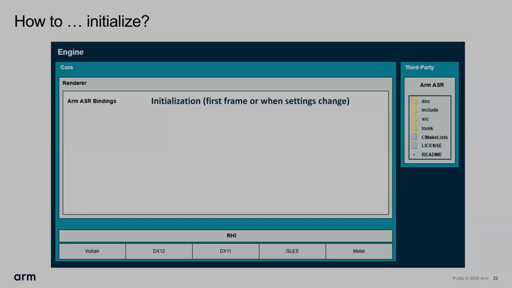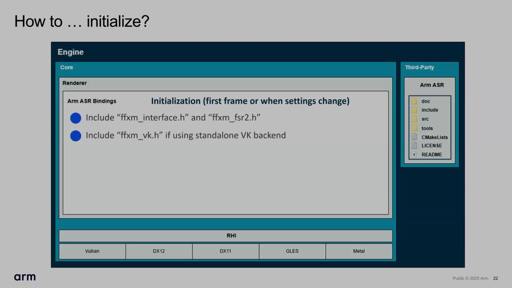So you're probably all, or most of you, familiar with how things work, but just in case, this is how you would have your setup in the engine. Somewhere you would have a third party folder with the code for ARM-ASR, our reference implementation. And then in your engine, you would have some file where you want to connect things with the renderer.